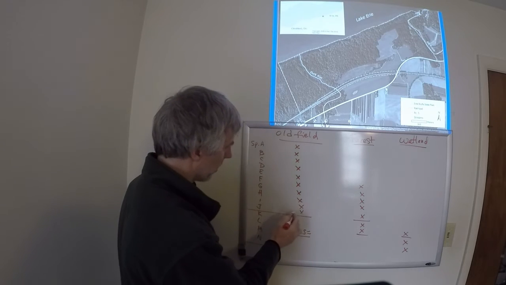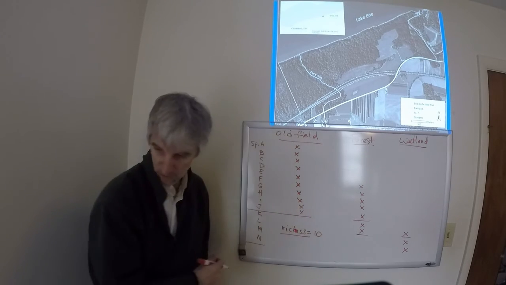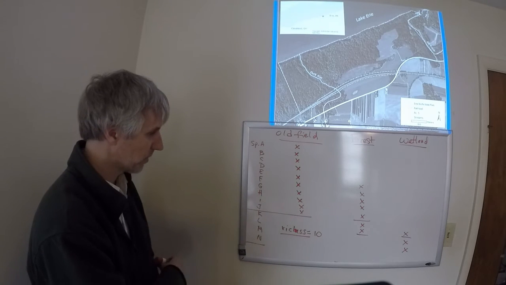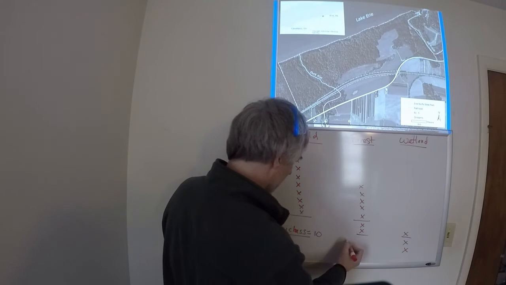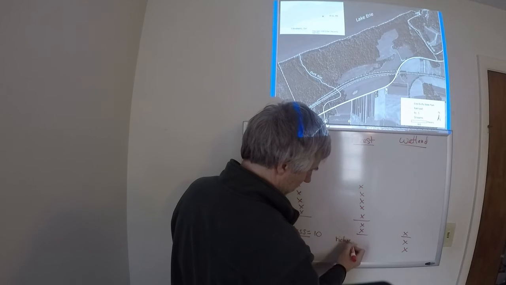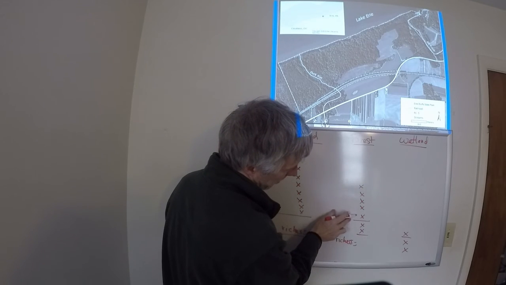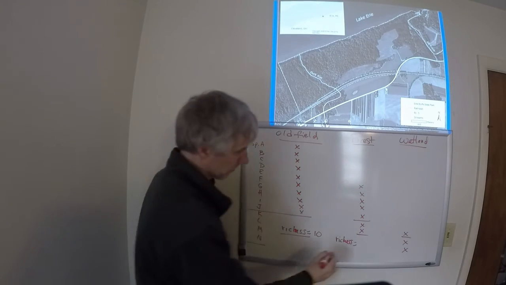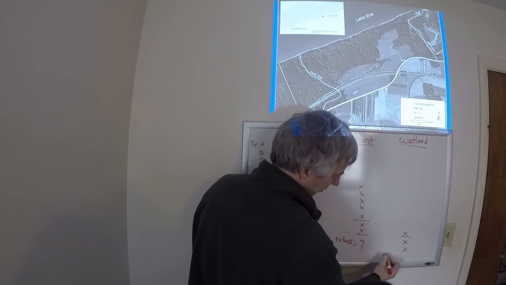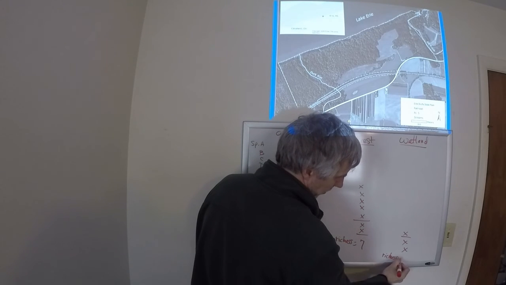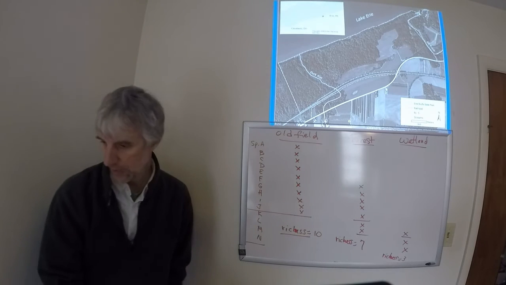Richness is going to equal 10 for the first community. The forested community, the richness is 7. And for my wetland community, the richness is 3.